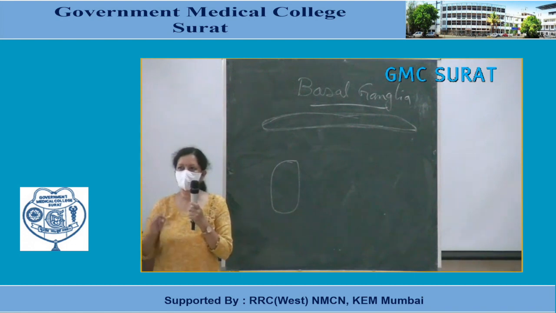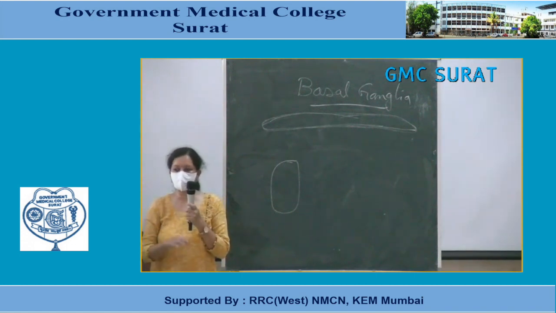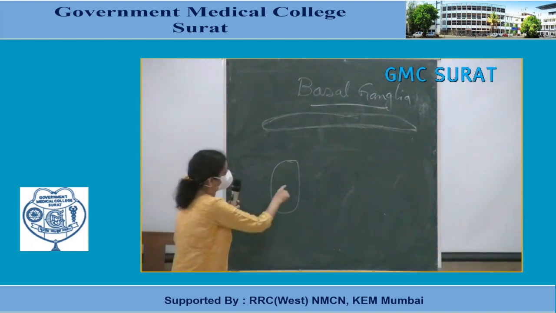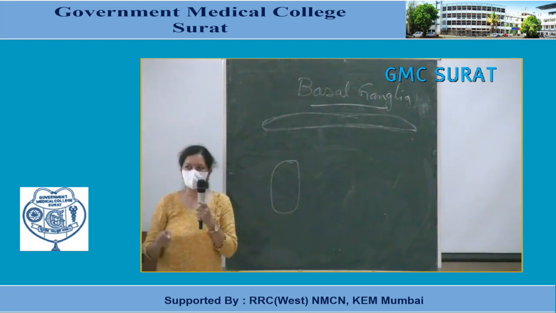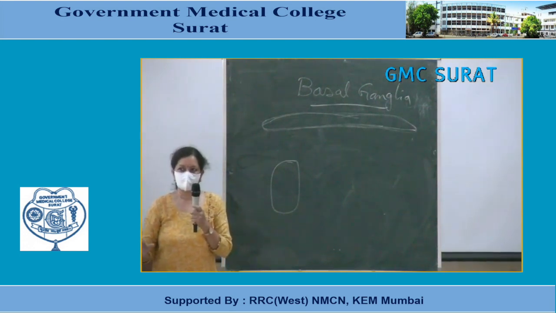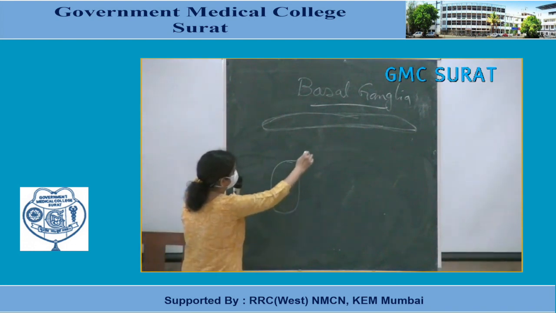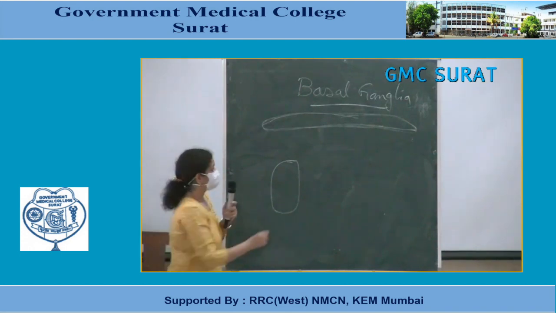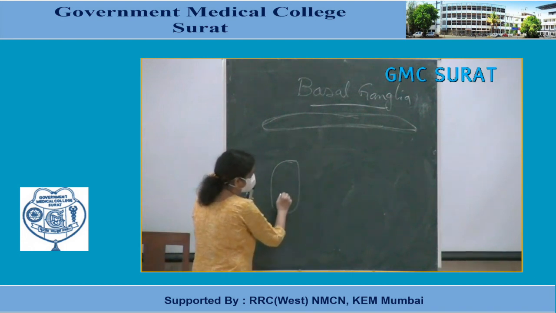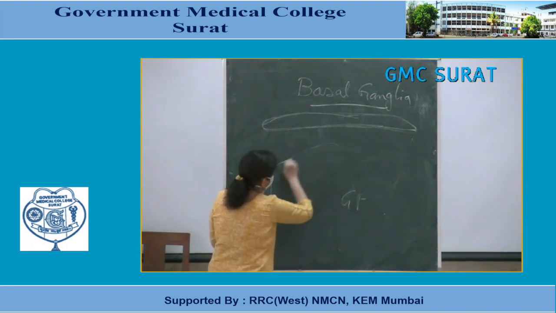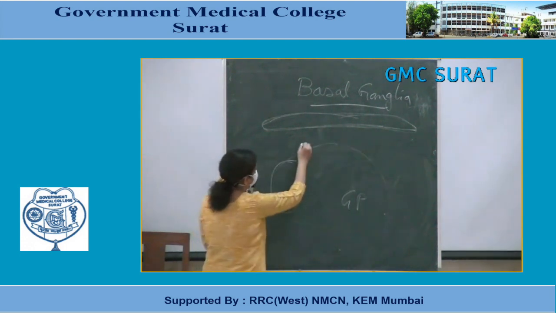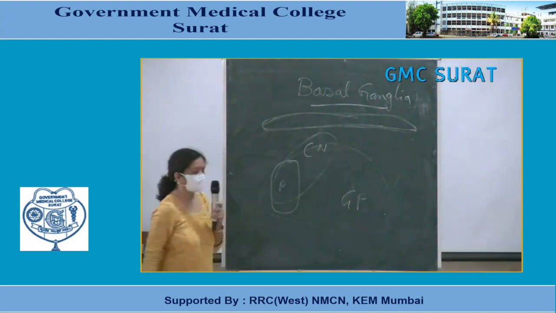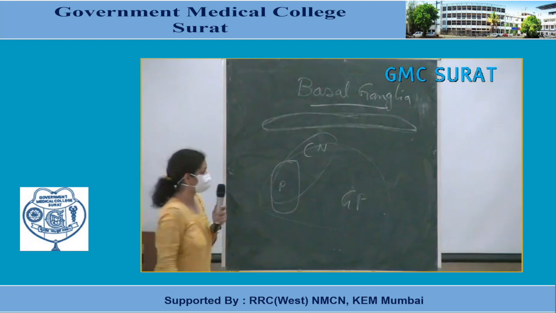Caudate nucleus, putamen, and globus pallidus, three of them, form the corpus striatum, whereas the caudate nucleus and putamen, these 2, form the striatum or the neostriatum.